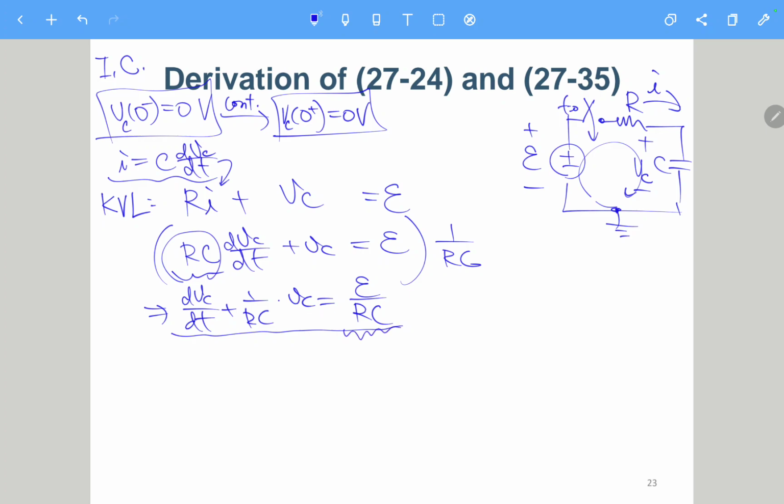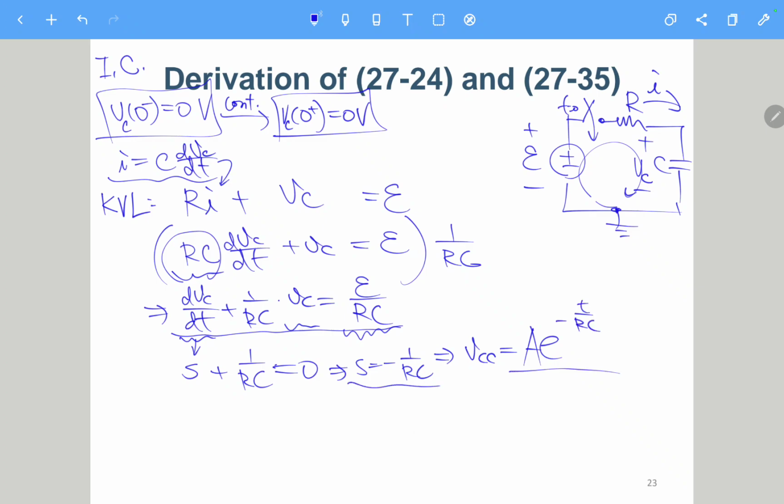So we change the first derivative to s, and then plus 1 over RC equals 0. So we have s equals negative 1 over RC, which means that VC, the complementary or homogeneous solution, is A times exponential to negative t over RC.